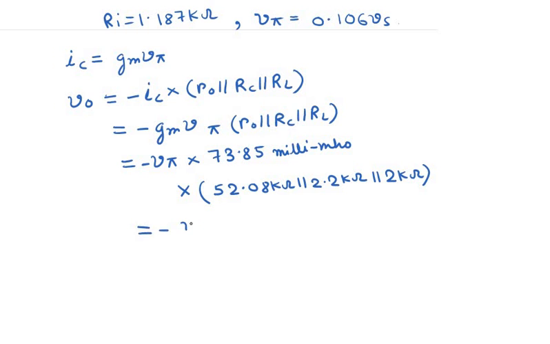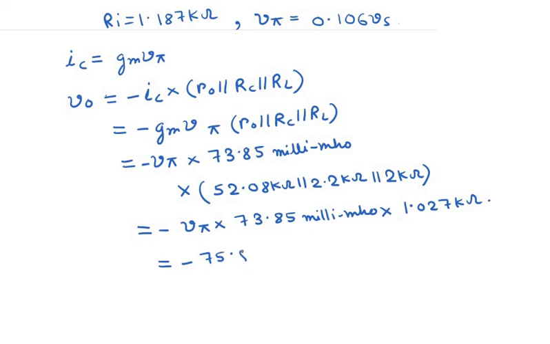Okay, so minus V pi into 73.85 millimho multiplied by 1.027 kilo ohms. So this is equal to minus 75.84 V pi.